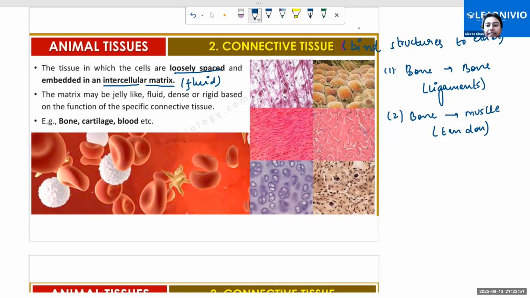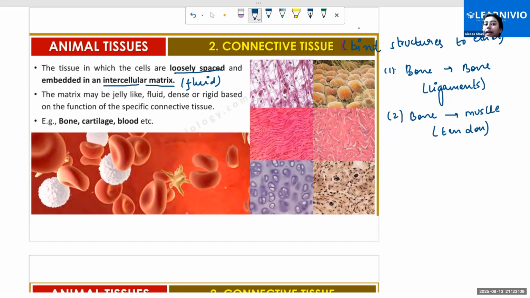Intercellular is something which is between two cells, intracellular is something within the structure, and extracellular is outside the structure. Clear?